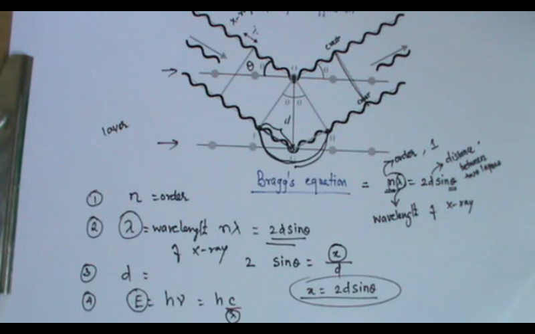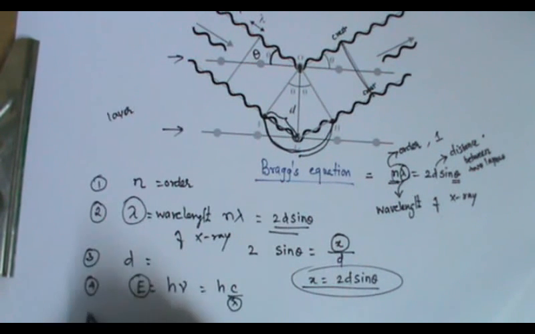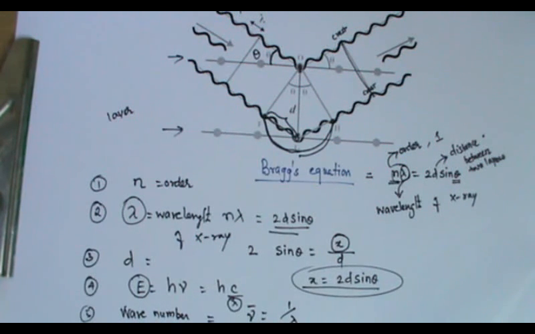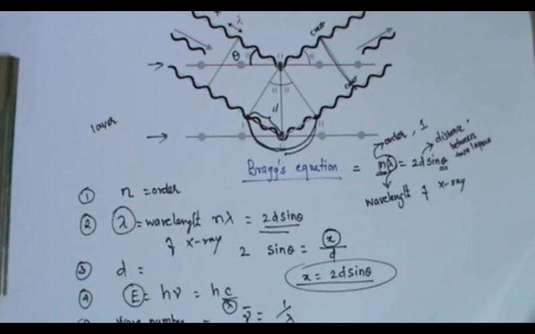You can find out the energy or even wave number. The last one, it is wave number, you can find out, because wave number is nothing but 1 by lambda. If you go for this formula, you can find out even the wave number.